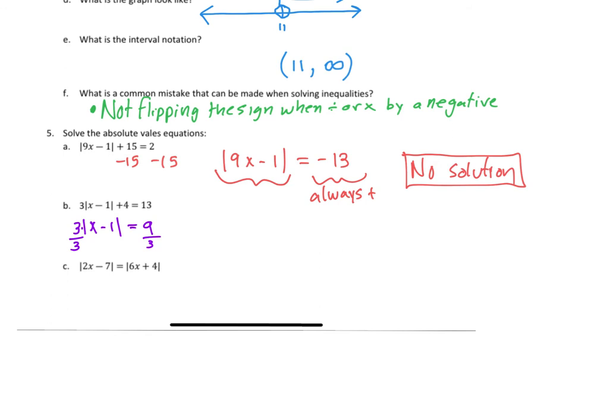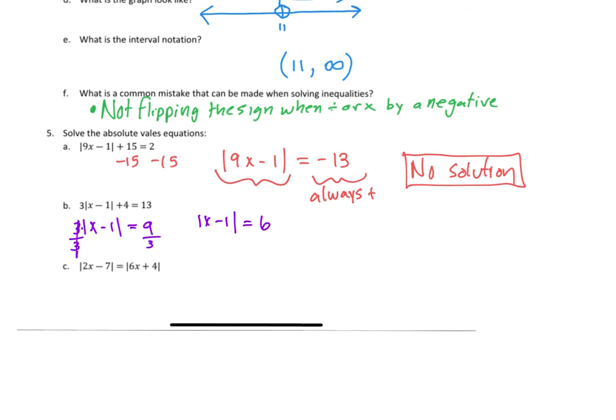This 3 can be divided by both sides because the entire 3 is being multiplied by the absolute value. So then, since the whole thing's being multiplied, if I divide the whole thing by 3, they cancel out. If I divide the whole right side by 3, we get the absolute value of x minus 1 equals 6. Okay.